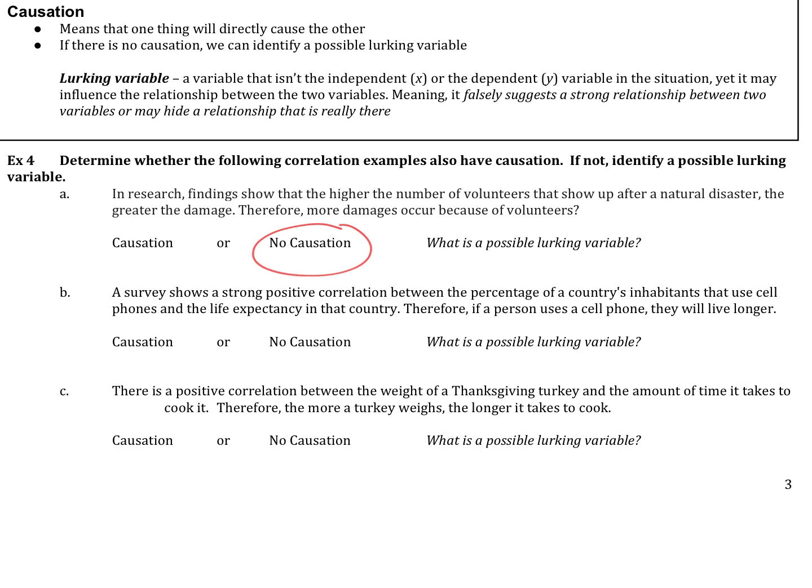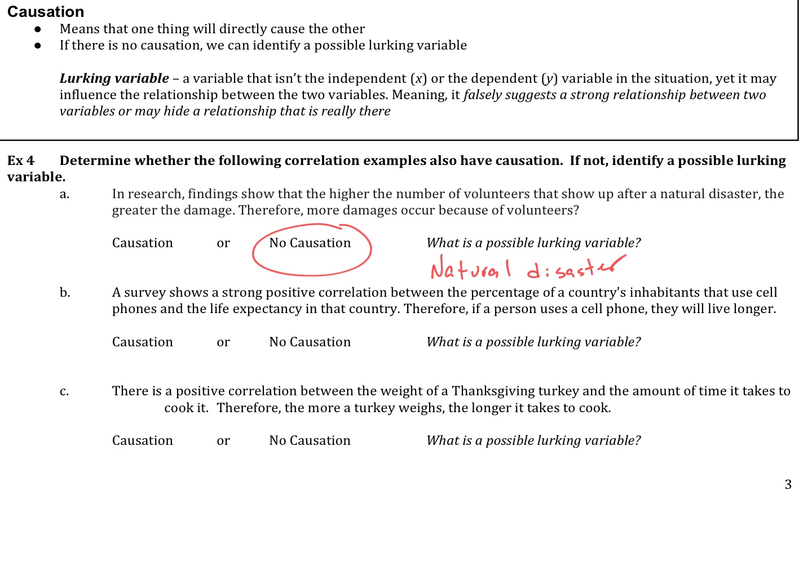In a natural disaster, more people show up because there is likely to be more damage to help clean up. So in this case, our lurking variable is actually going to be the natural disaster, right? The natural disaster is what's causing more damages, and because there's a natural disaster, we're going to have more volunteers.